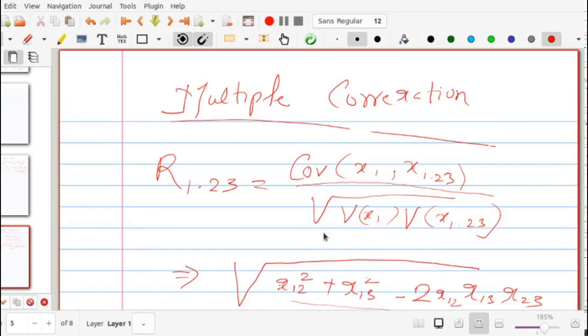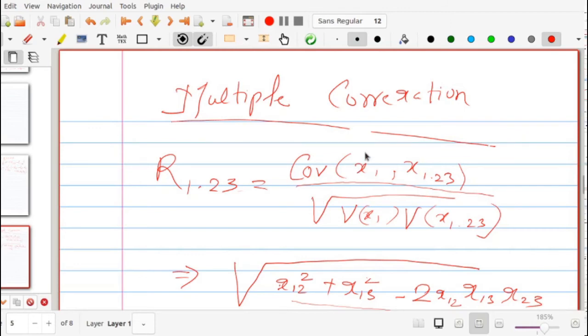What exactly does it mean? If you see the formula here, the multiple correlation coefficient, which is normally denoted in capital R. Capital R multiple correlation of 1 on 2, 3 means, if you see the equation, it says the degree of association between an observed value of dependent variable and its estimate obtained by multiple regression.